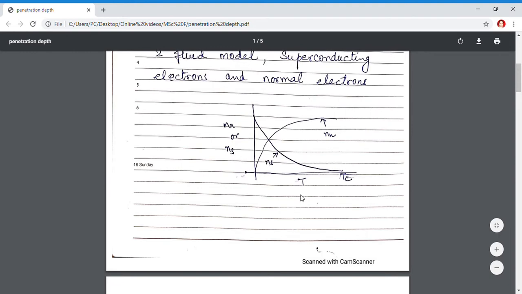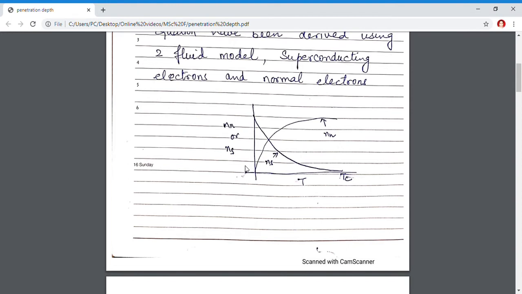are dependent on temperature. This graph shows the temperature variation with density. The graph is plotted in the temperature range 0 to Tc. When temperature is 0, we can see that the density of superconducting electrons is maximum, and at T equal to 0, Nn is 0.